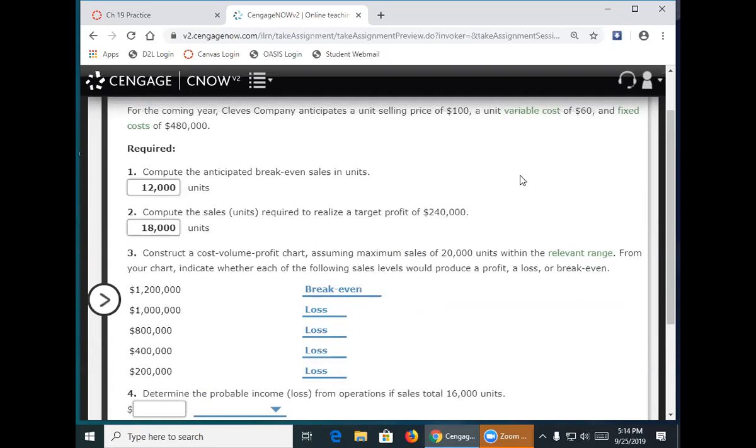That would get me my contribution margin, 640,000, minus the fixed cost they gave us at 480,000.